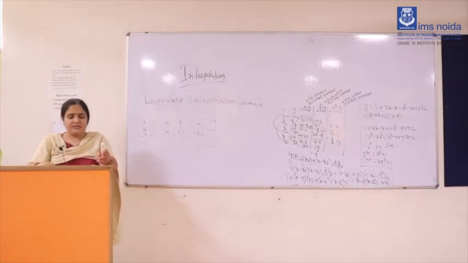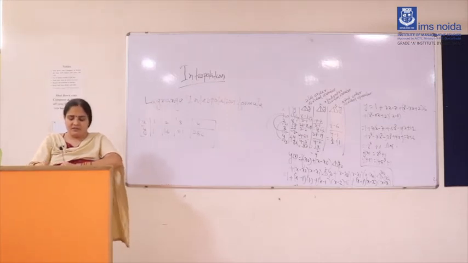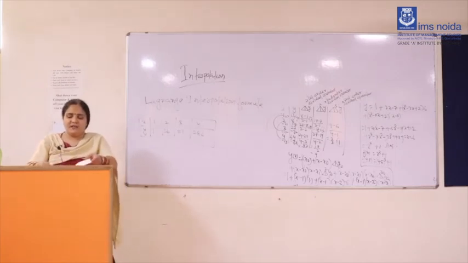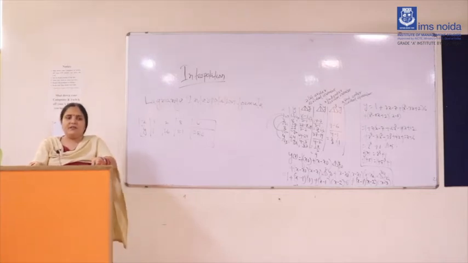Suppose the question is given that x equals x0, the initial value, and the next value is x1, the next value is x2, and the next values are x3 and x4. Then in what way will you calculate?